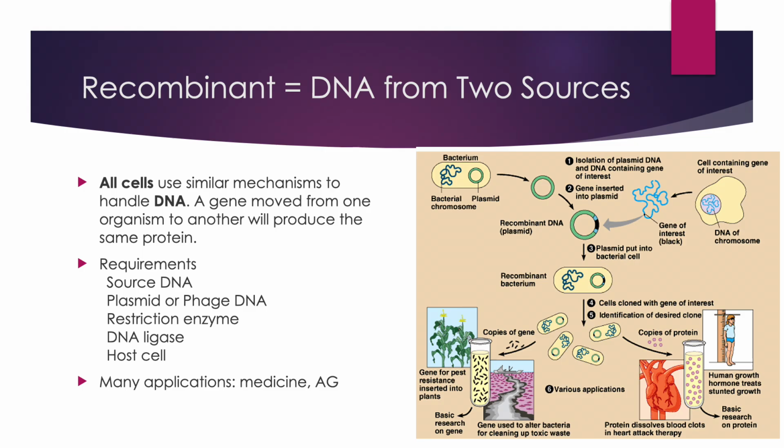From that, you can then get that cell to produce the protein that it never made before, that came from your source DNA of interest. And so you can get plants to make proteins from bacteria. You can get bacteria to make proteins from humans, like growth hormone or insulin. You can do all sorts of things with this, and this has turned out to be really, really useful.